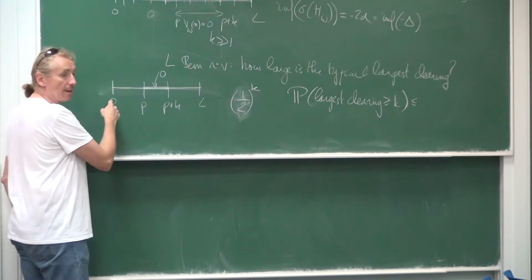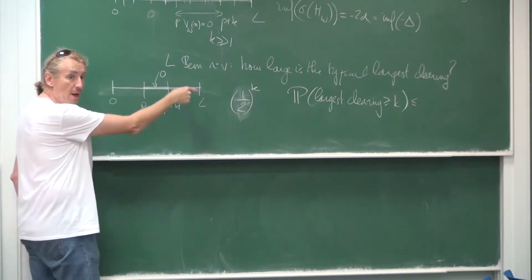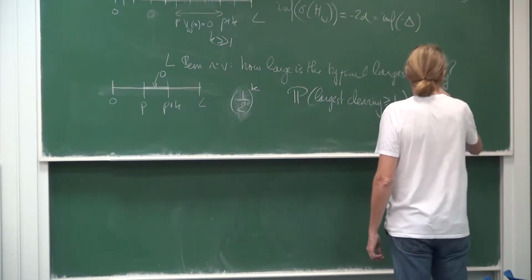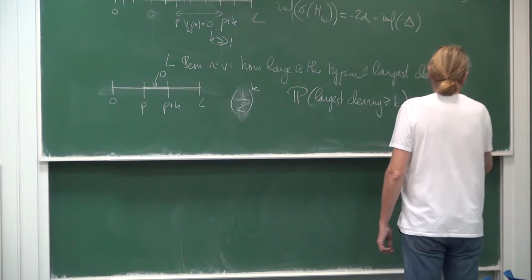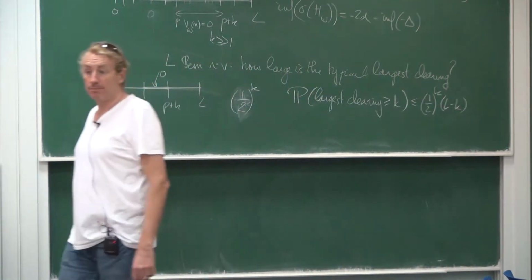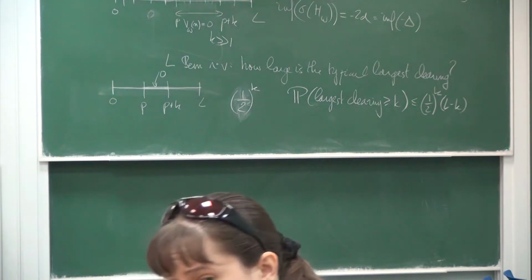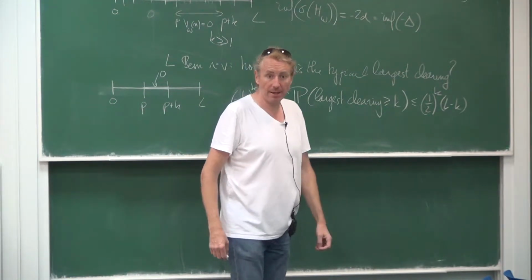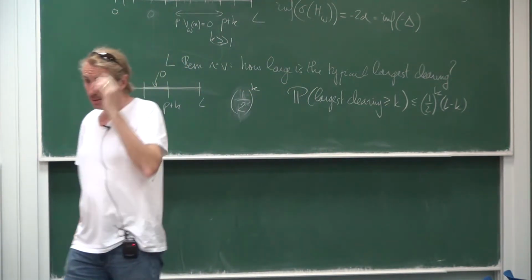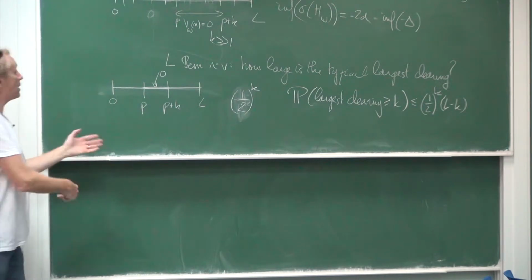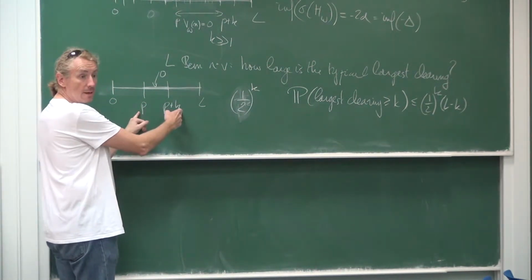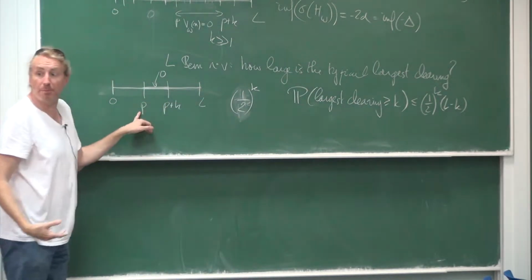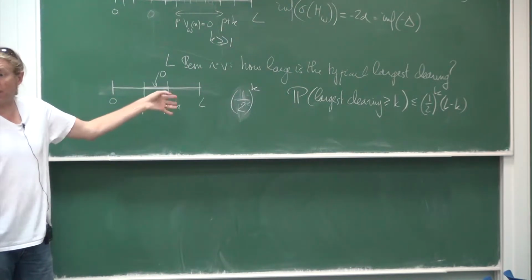You can take the clearing starting at 0, at 1, at 2, at 3, up to L minus K. So it is bounded by 1/2 to the power K, times L minus K. Right? The probability that the largest clearing is larger than K means that at least one of the clearings of length K is made of zeros, for some P. You get this upper bound. Okay?